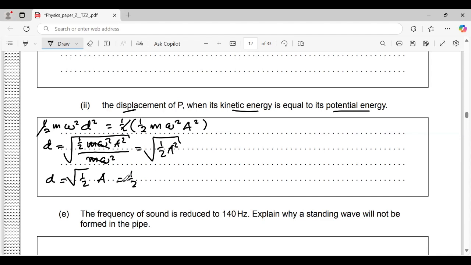Half times square root half times 4.2 millimeters. The result is 2.9698, rounded to 3.0 millimeters, or in meters, 3.0 times 10 power minus 3 meters.